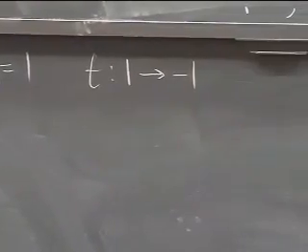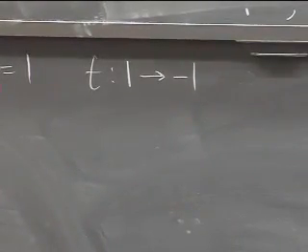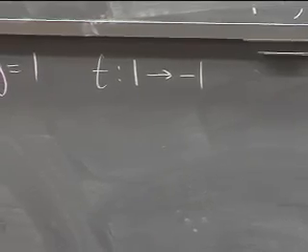That will work. There are different parameterizations, but to me it's simpler to take x equals t and y equals 1, but just remember t is going to go from 1 backwards to -1, because we're going counterclockwise in the original curve.